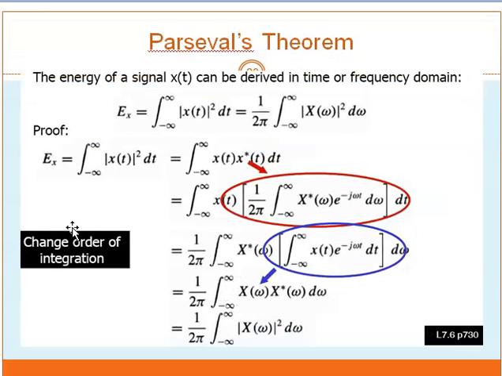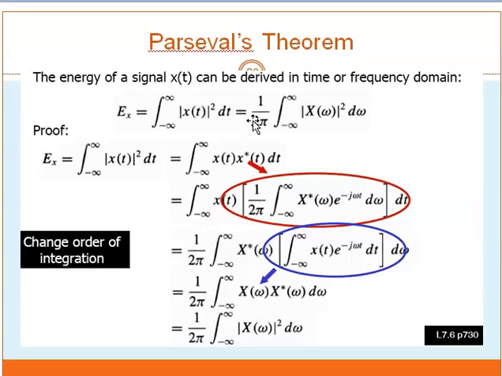In Parseval's theorem, the energy of a signal x(t) can be derived in the time or frequency domain. In the time domain, you will have Ex equal to the integration of the magnitude of x(t) squared dt.